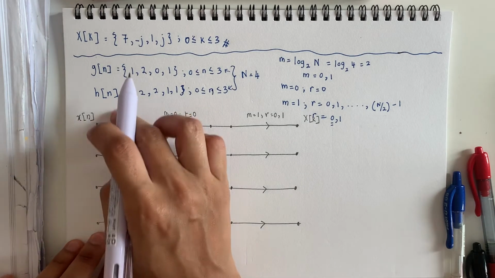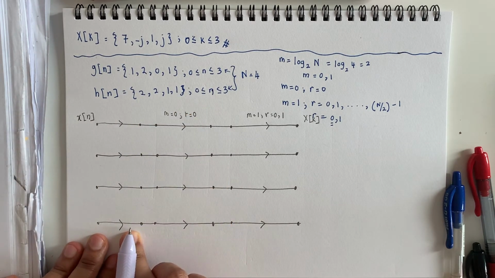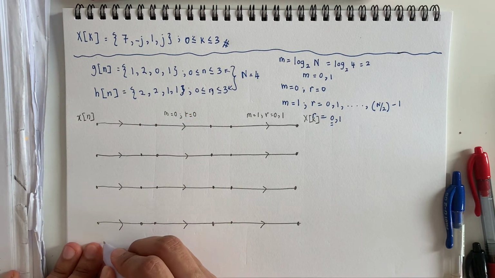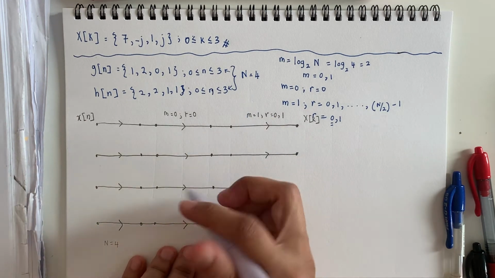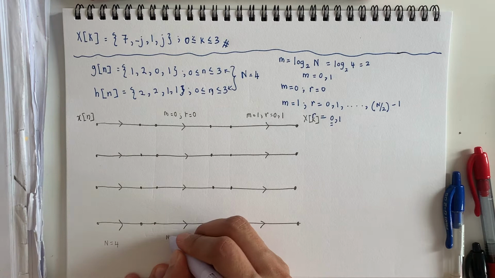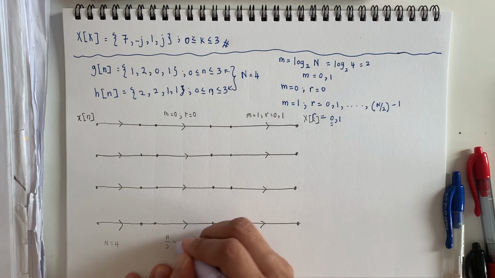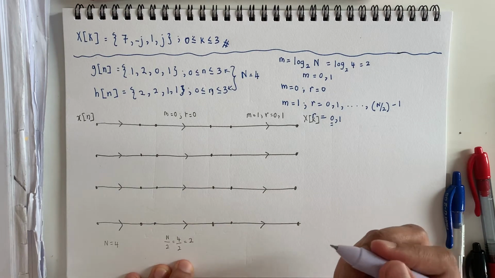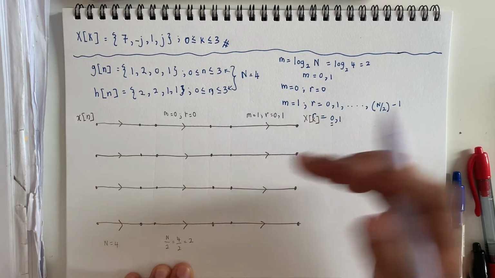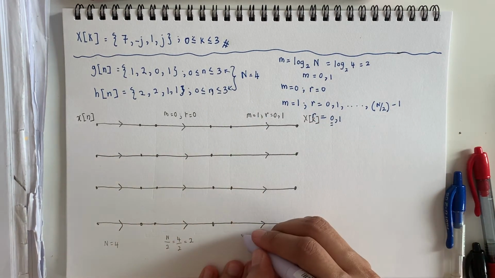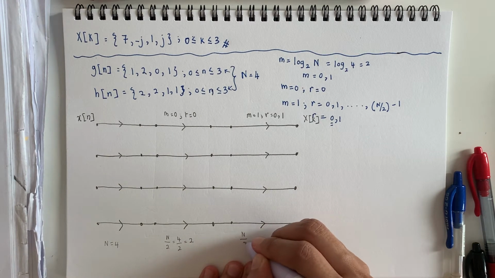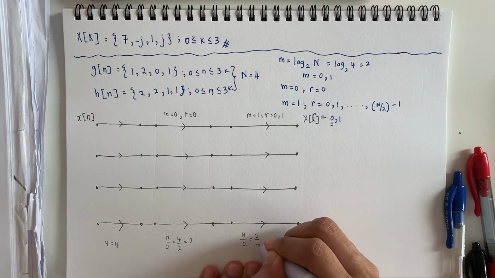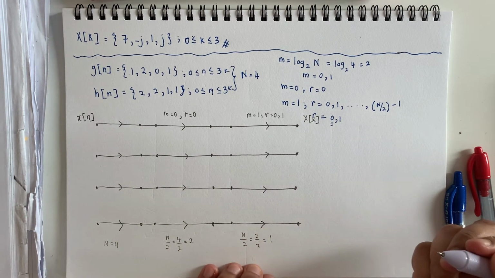Basically, here is our initial stage, where N equals 4. For our next stage it is N divided by 2, so 4 divided by 2 equals 2 groups. Next, from 2 groups, we divide by 2, which is 1 big group.